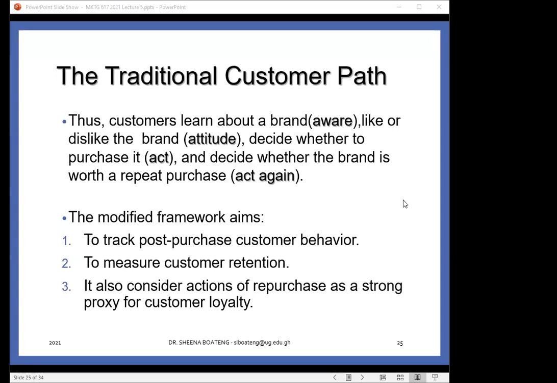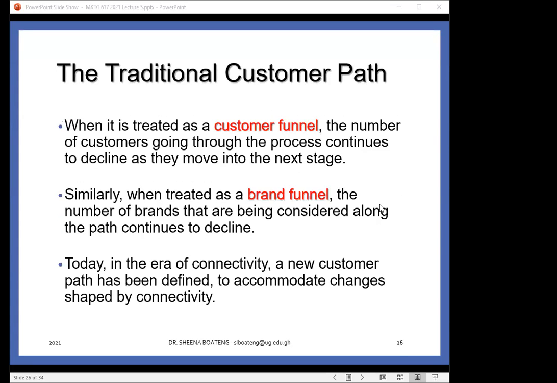Even though we have other aspects of loyalty like attitudinal loyalty, which are exhibited more in the attitudes of the customer towards the brand, like the way they advocate for the brand and the way they engage in word of mouth towards the brand. However, repurchase, being the behavioral aspect of loyalty, is one of the prime and go-to measures of customer loyalty, which again, the original IDA model did not cover, and therefore was necessary to be incorporated in this modified version of the IDA model, being the 4 A's.